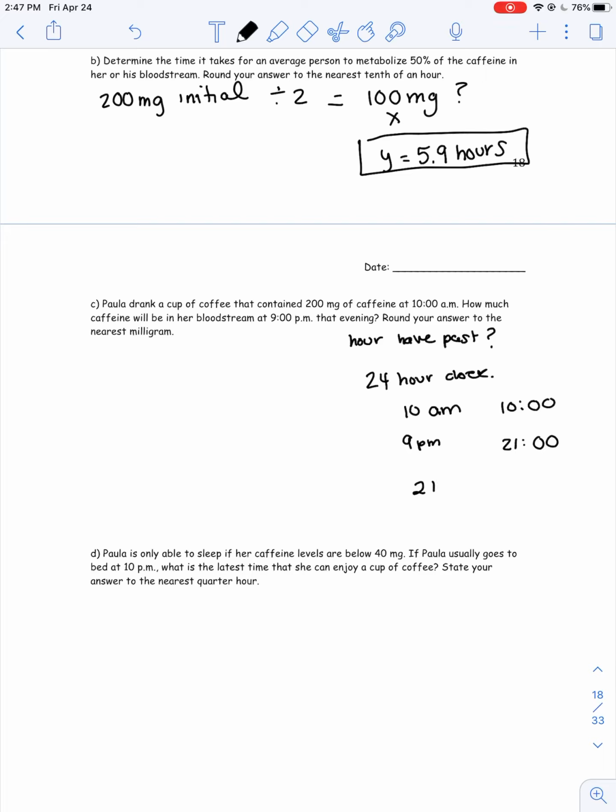That makes it easier to subtract, because you're going to take 9 p.m. and subtract 10 a.m., and that gives us 11 hours has passed. So once we know 11 hours has passed, you're going to have Y1 being your logarithmic equation, and your Y2 is going to be 11.